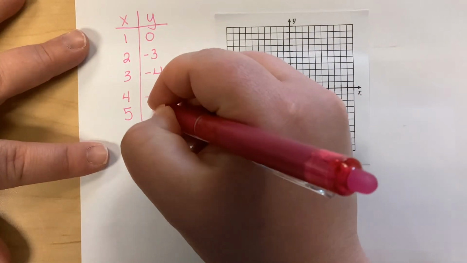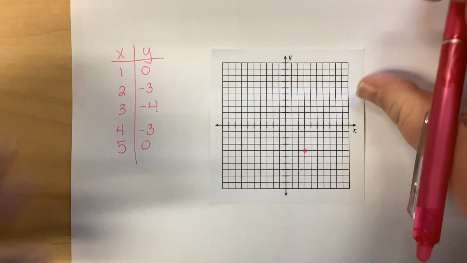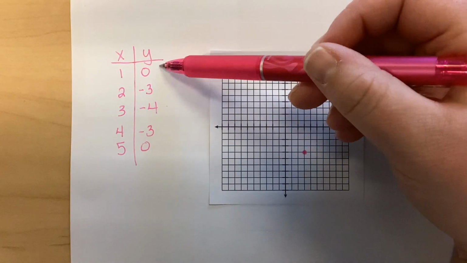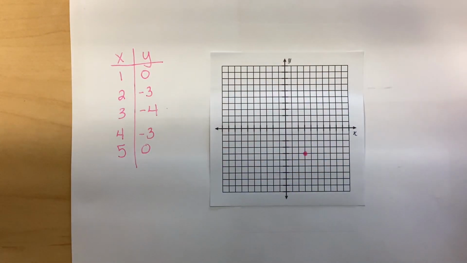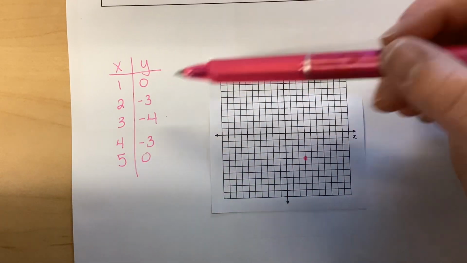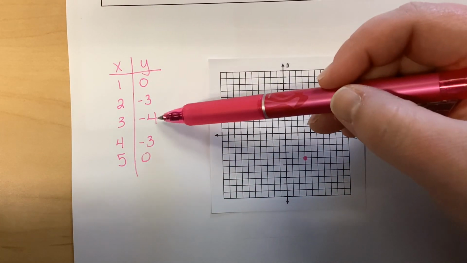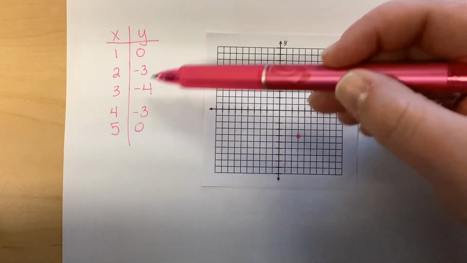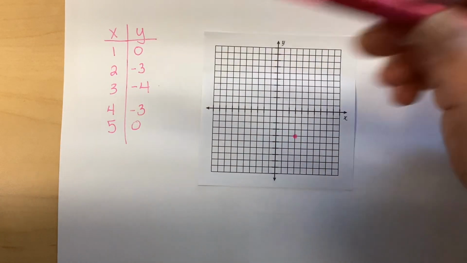If you take a look at this table, if you put your vertex smack in the middle like this and then do 2 less and 2 more for your x values, you should get a pattern that looks like this. Because remember, we're making a U shape. So once you hit that vertex, the y values start to repeat in the same way as the x values.